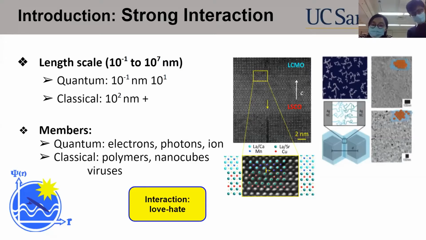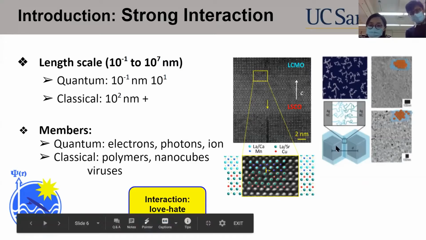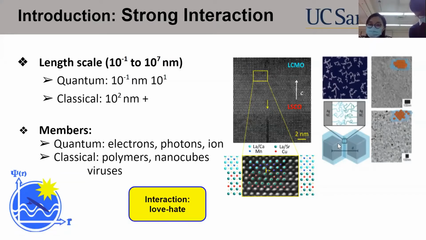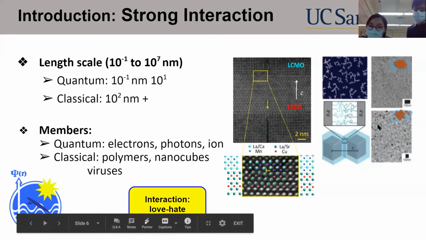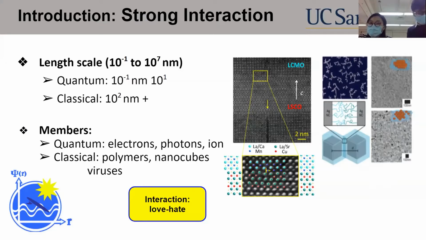So, if you can see the figure on the right-hand side, this is a kind of soft condensed matter system. In the picture on the top here is a thin film of polymer, and this string you see here is a silver nanocube. When you have a thin film of polymer, we sprinkle silver nanocubes on top, and then we heat them up.